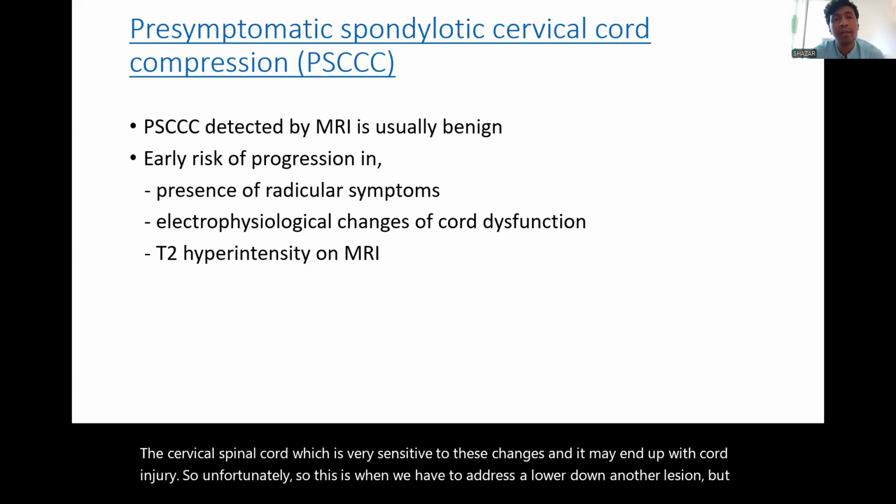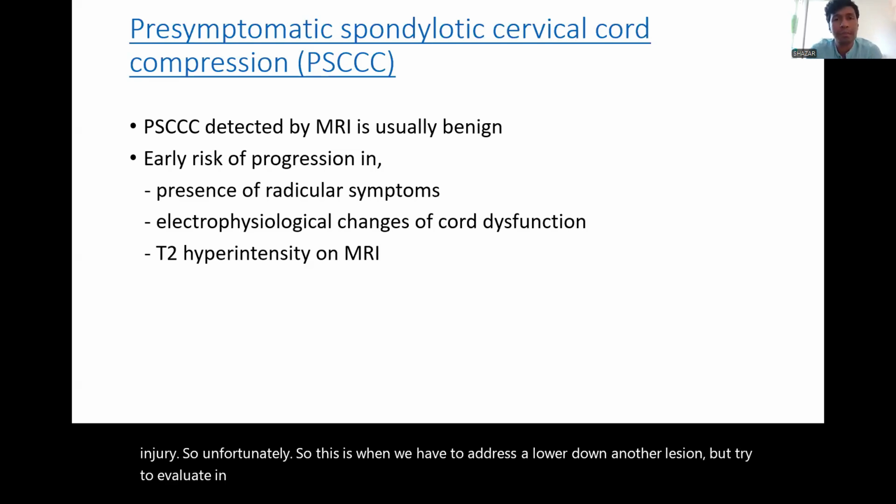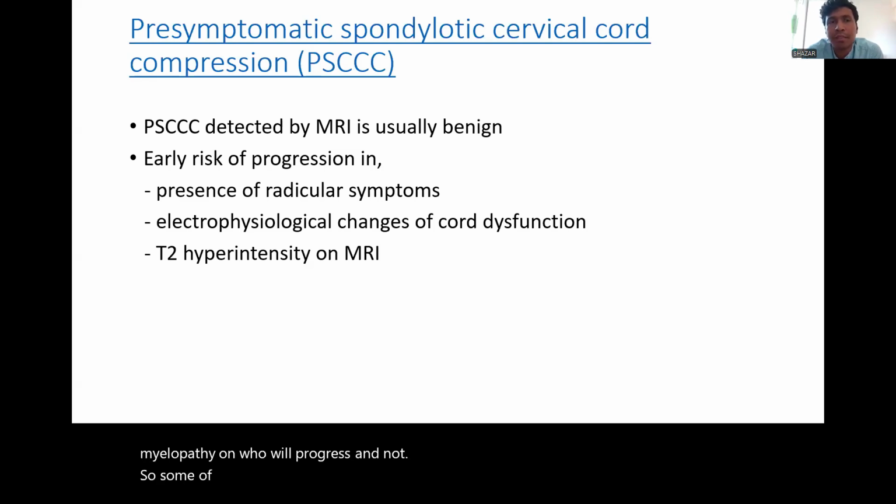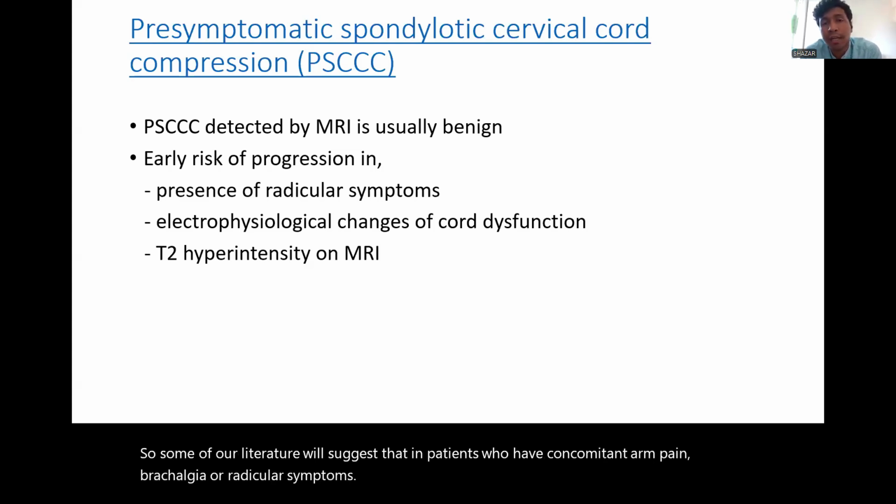Unfortunately, this is when we have to address a lower-down lesion, but they've tried to evaluate in patients with no symptoms but radiological evidence of cervical myelopathy who will progress and who will not. So some of our literature suggests that in patients who have concomitant arm pain, brachialgia, or radicular symptoms, myelopathy is likely to progress.